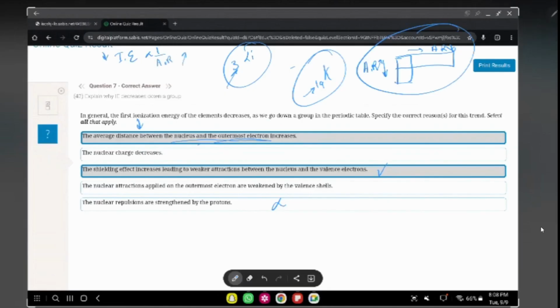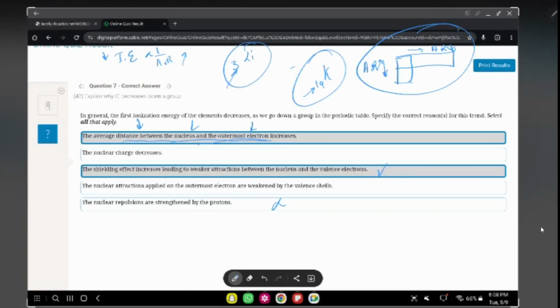They're opposite, okay? If the distance between the nucleus and the electrons is increasing, does that mean the attraction of the nucleus is going to be stronger or weaker? Weaker, because it's getting further away. And if the attraction of the nucleus is weaker, to pull that electron out, is it going to be harder or easier?